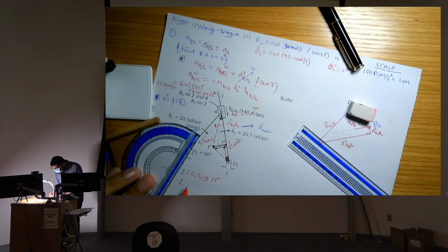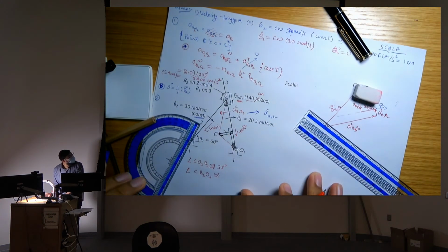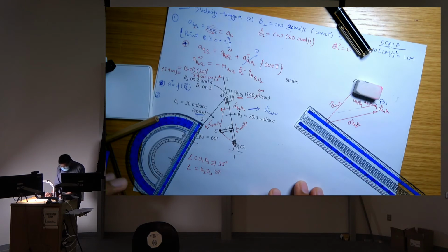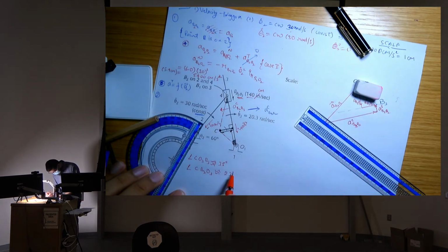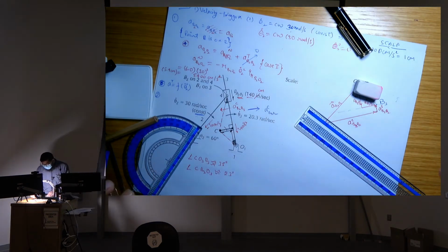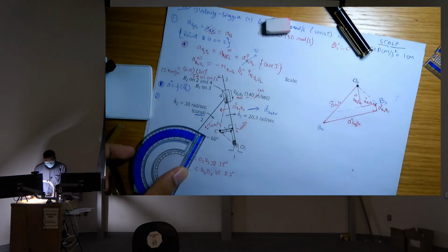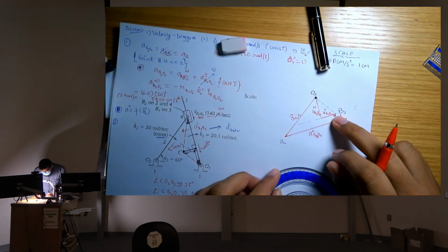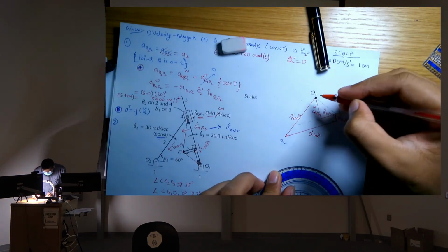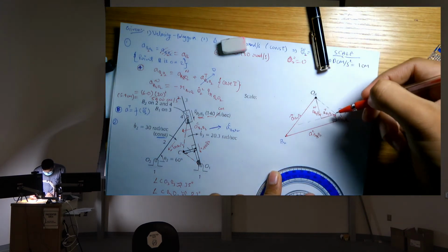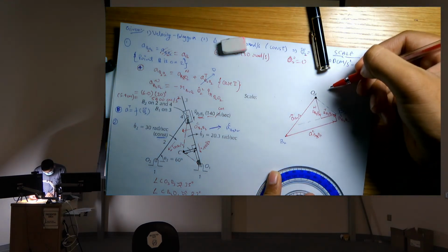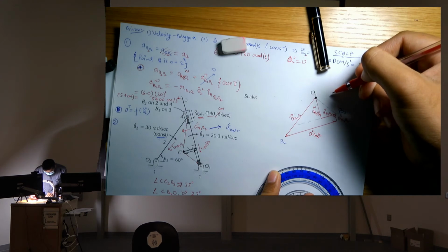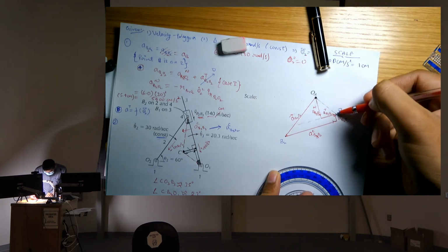I just measure another angle. So angle C B3 O3 is approximately how much? I have a number, 23 degrees, okay. So these are the two angles that we have, and now let's take that onto the diagram. So this is B3, so that would be your O B3, sorry, this is C B3 O3.